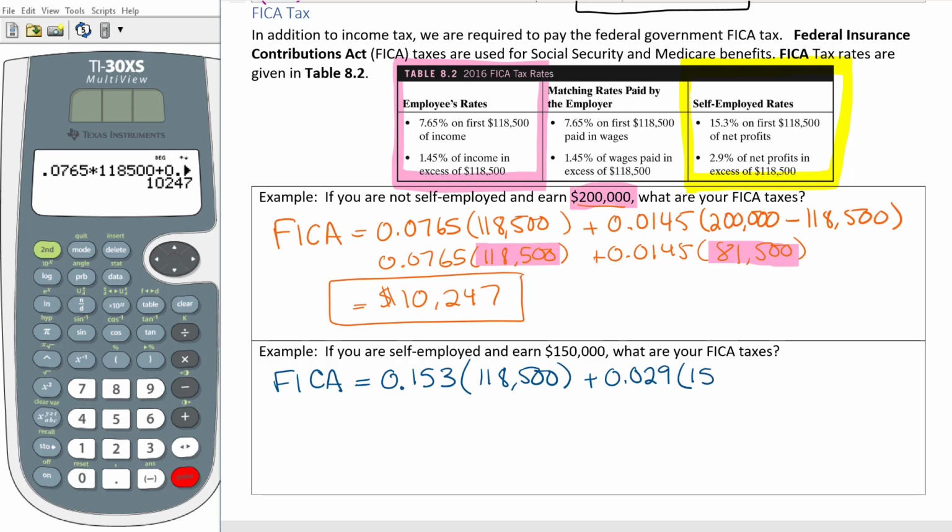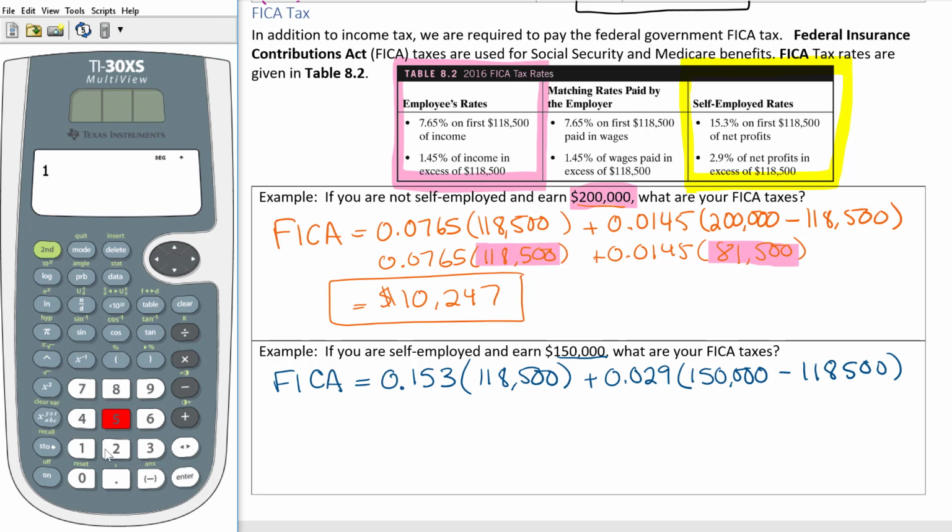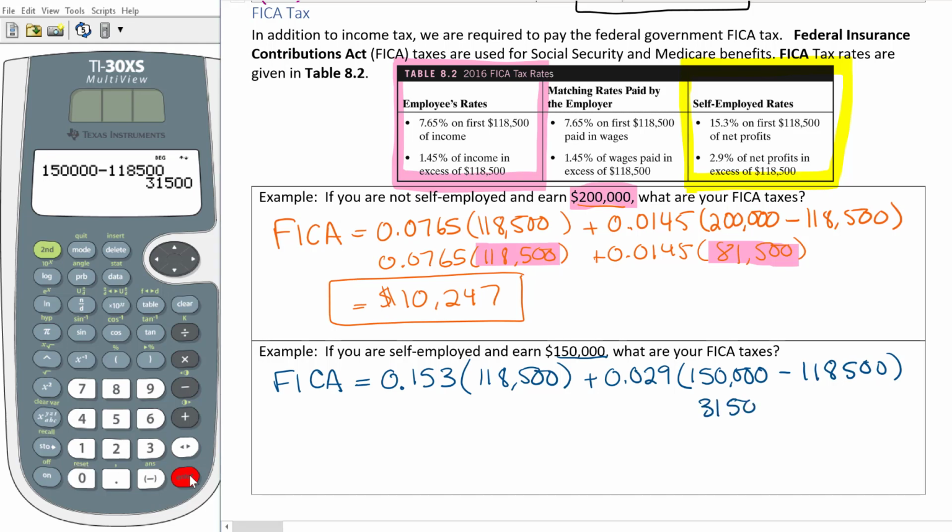So I have 150,000, which is over 118,500, so I take 150,000 minus 118,500, and that's an excess of 31,500.